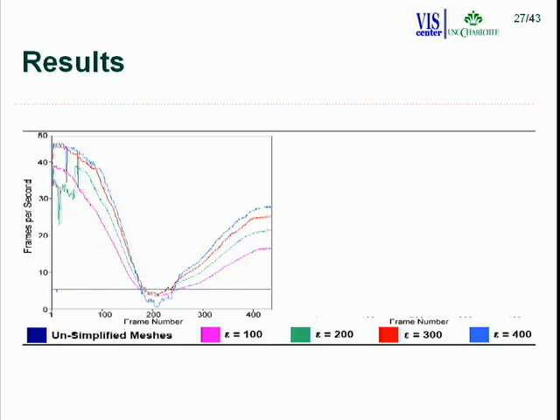Now I talk a little bit about the results we get out of the system. Here you see this blue line that runs across the bottom of the scene, and that's rendering using the unsimplified meshes, and it's just a constant frame rate. In this particular case, we have a fly-through scene where the camera starts off really far away, zooms into the model, and flies back out again.